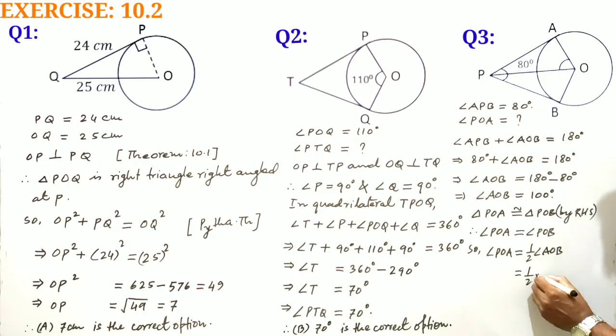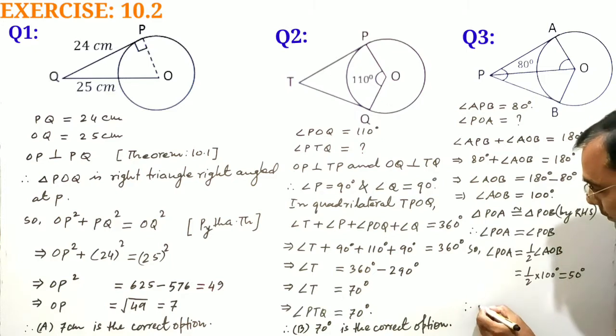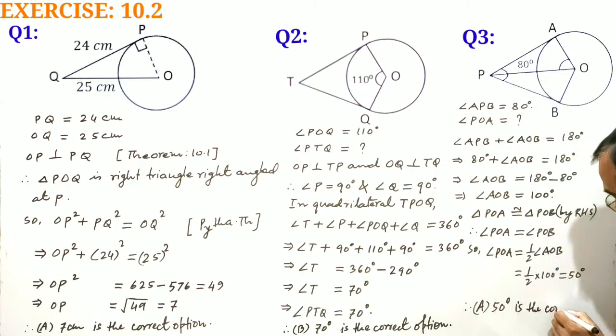So half of 100 degrees equal to 50 degrees. Therefore, option A, 50 degrees, is the correct option.